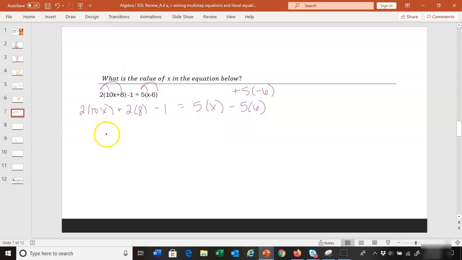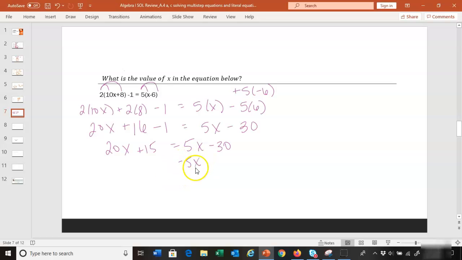Either way. All right, let's do this math. 2 times 10 is 20. 2 times 8 is 16. 5 times 6 is 30. Now let's combine any like terms that we can on the same side first. So 16 minus 1 is 15. And then our next step is going to be combining like terms on the opposite sides.